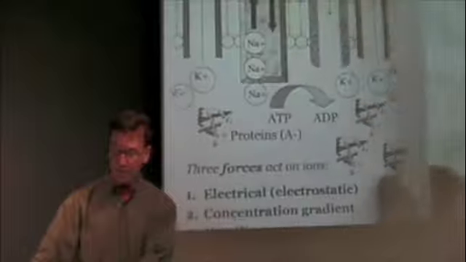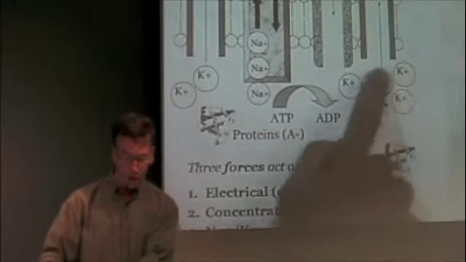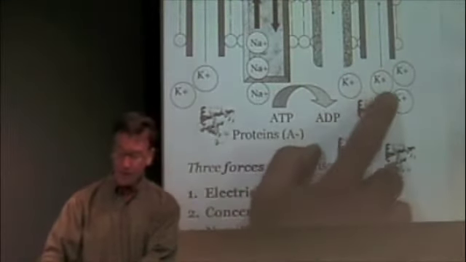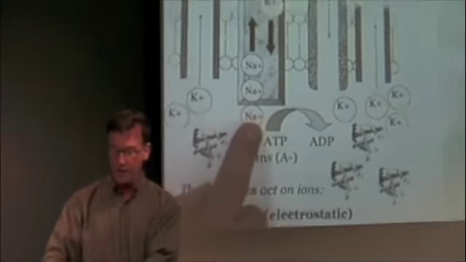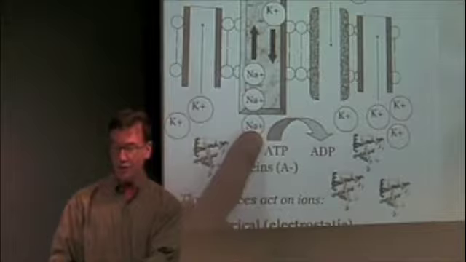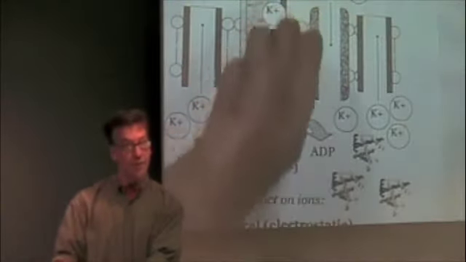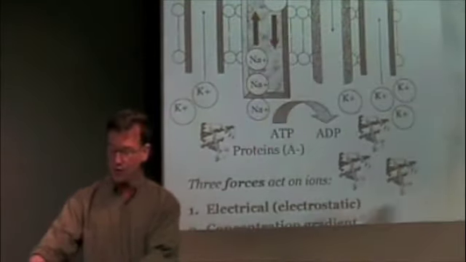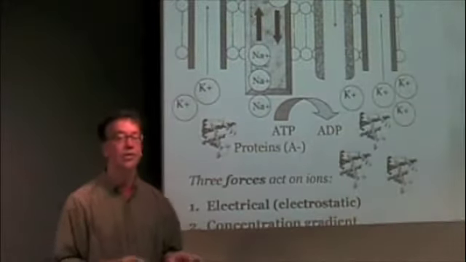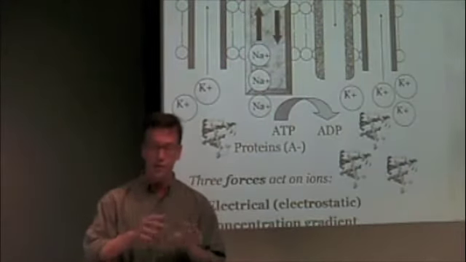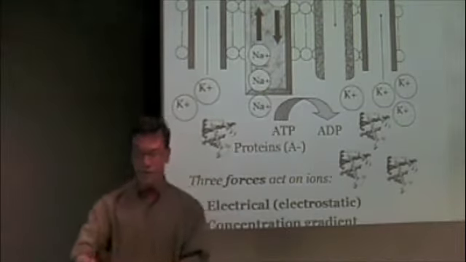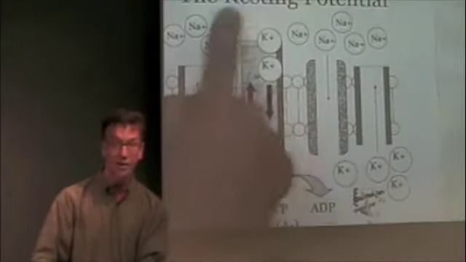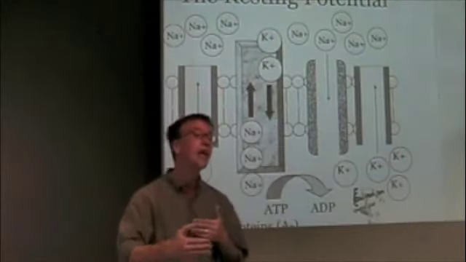Note also that potassium is in much higher concentration inside the cell. Again, that's a consequence of the pump. So there are concentration gradients that have been established here, and the concentration gradient force is literally the tendency for substances to move from areas of high concentration, for example, sodium is in high concentration out here, towards areas of lower concentration.